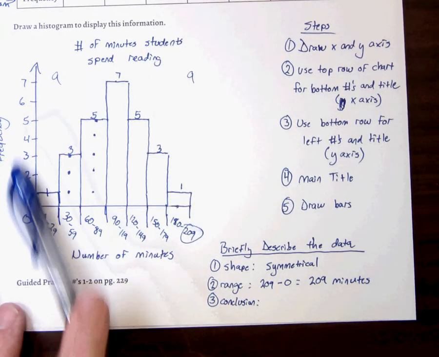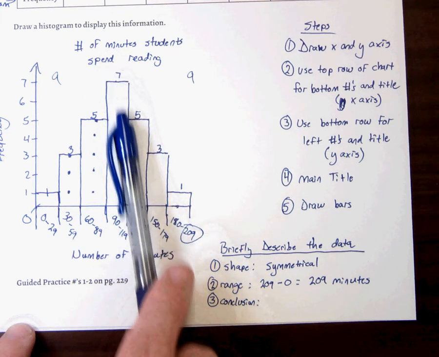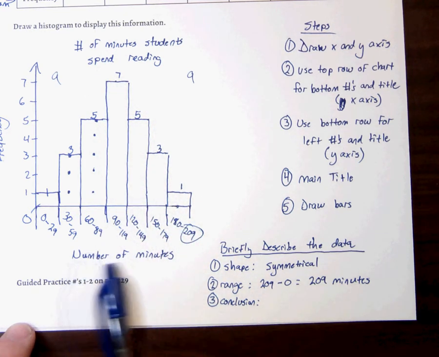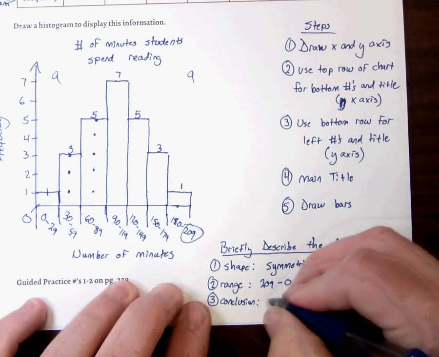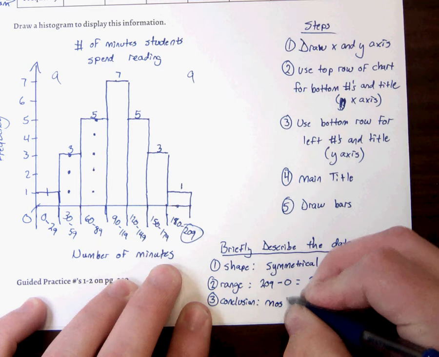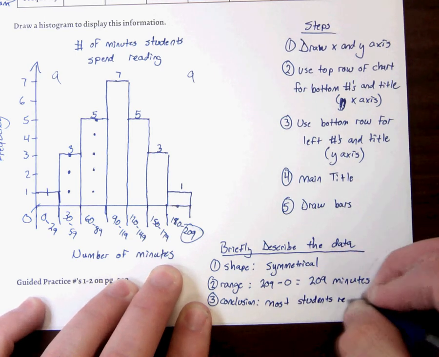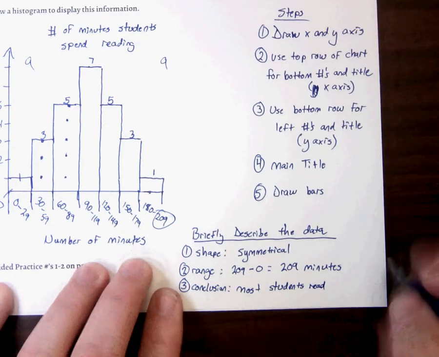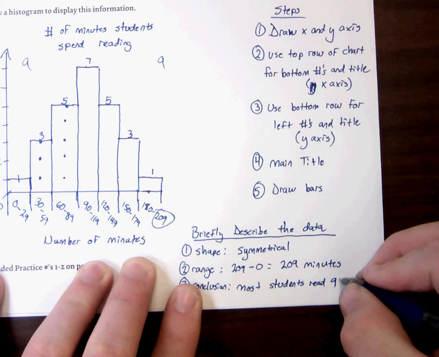Most students read 90 to 119 minutes. All right, at this time, we can do guided practice numbers 1 and 2 on page 229 of your textbook.